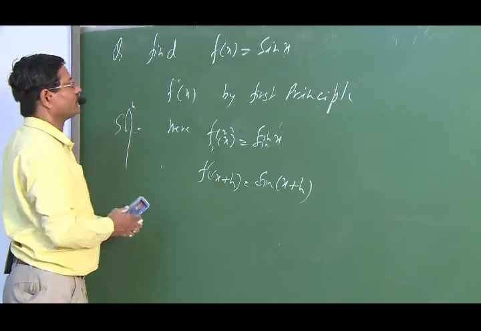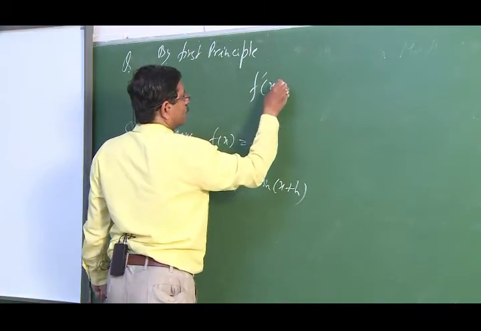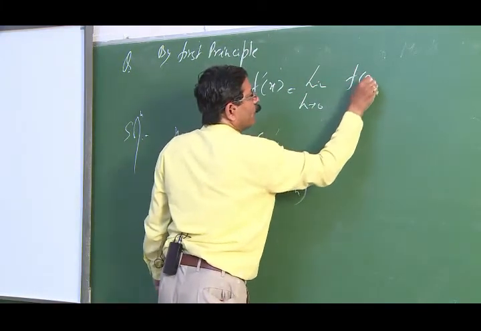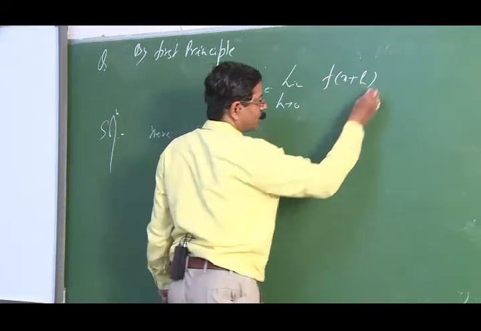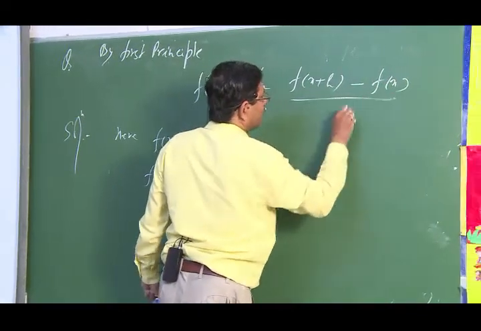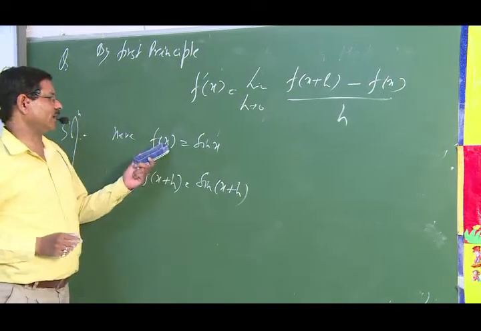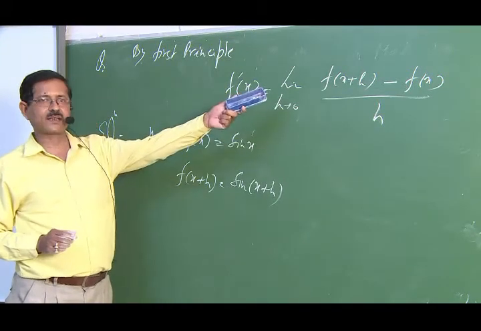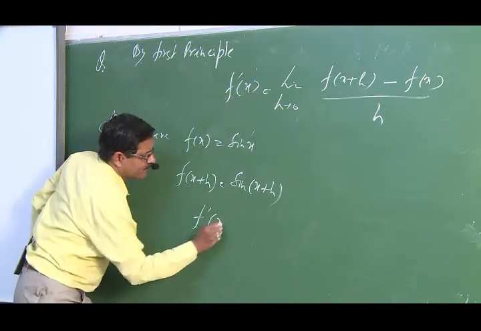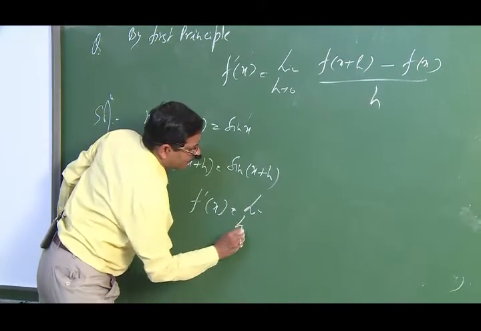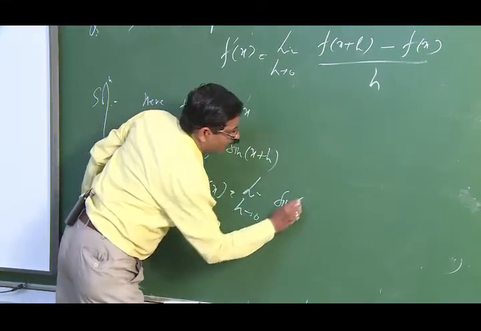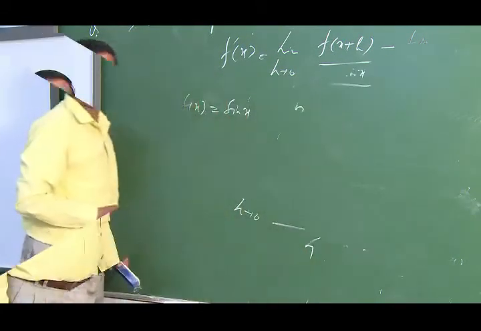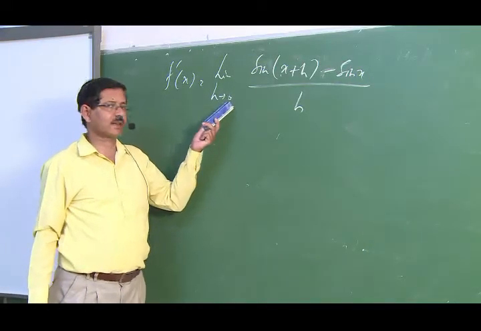Now by first principle, f'(x) = limit h tending to 0 of f(x + h) - f(x) upon h. Now put there, you will get f'(x) = limit h tending to 0 of sin(x + h) - sin x upon h. Okay. This is a meaningless expression when h tends to 0.